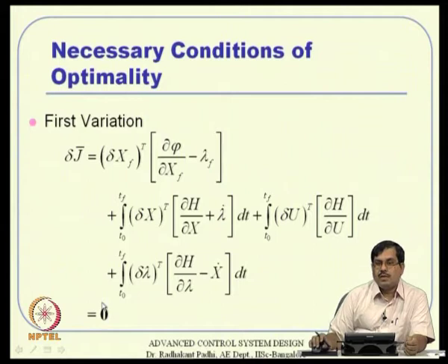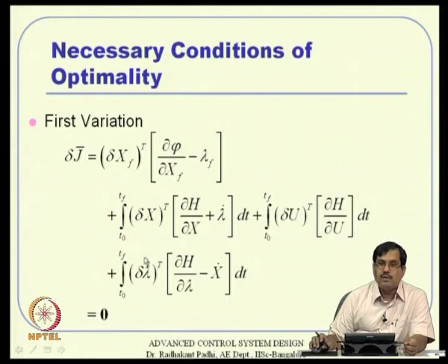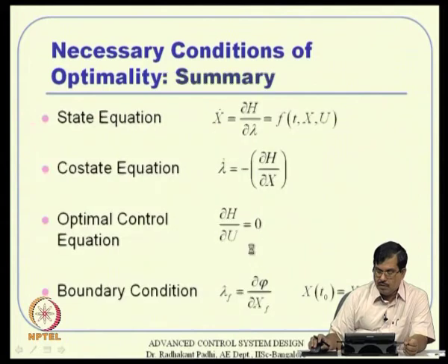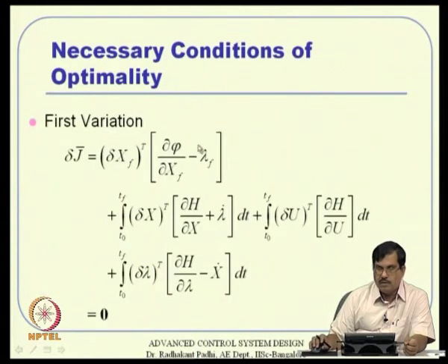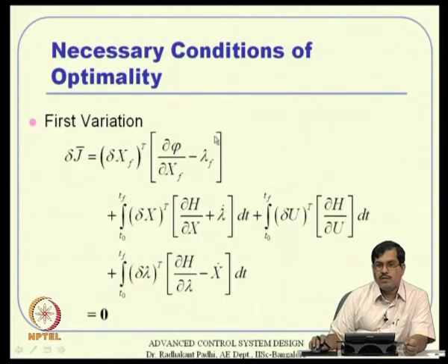And if this condition holds for all possible variations, which is another theorem we outlined last lecture, then the only way that can happen is if the coefficients are 0. So we collect the various coefficients and set them equal to 0. For example, this coefficient has to be 0, this one has to be 0, and so on.